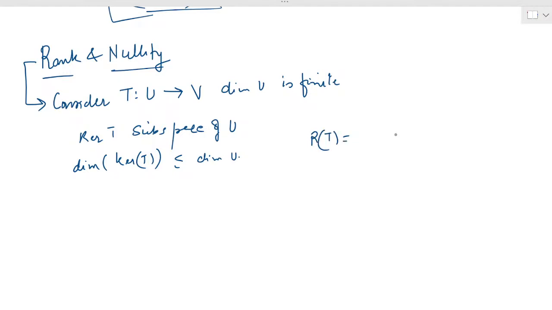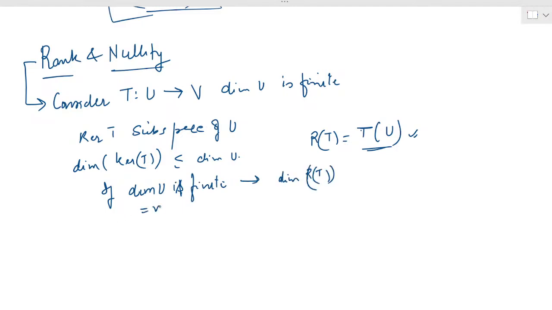Range of T is nothing but the image of U. And it so happens that if the dimension of U is finite, say equal to n, then the dimension of the range space would be less than or equal to n. I'm not going to prove all these things, just understand. The dimension of the range space would also be finite.